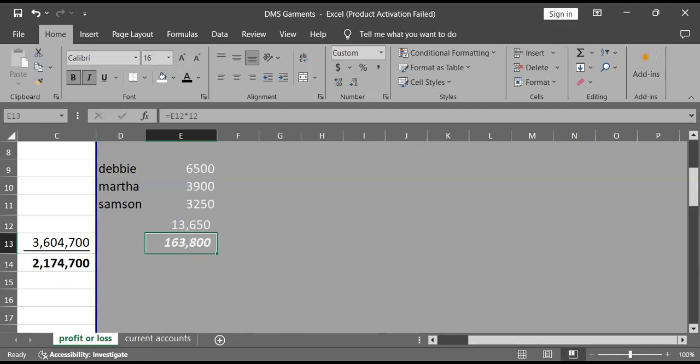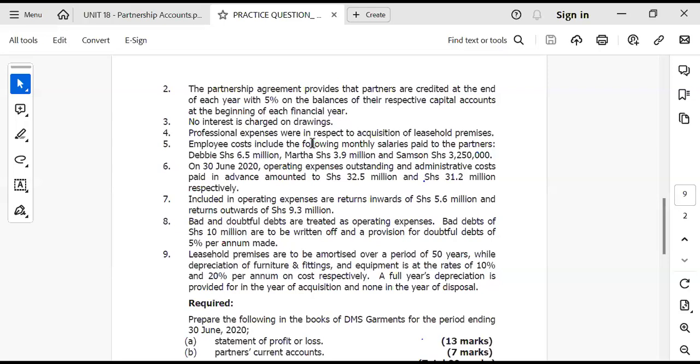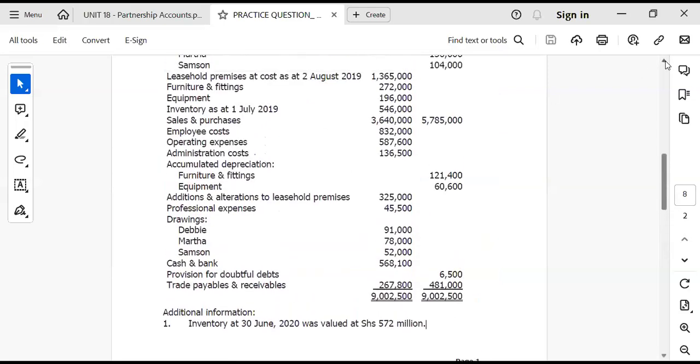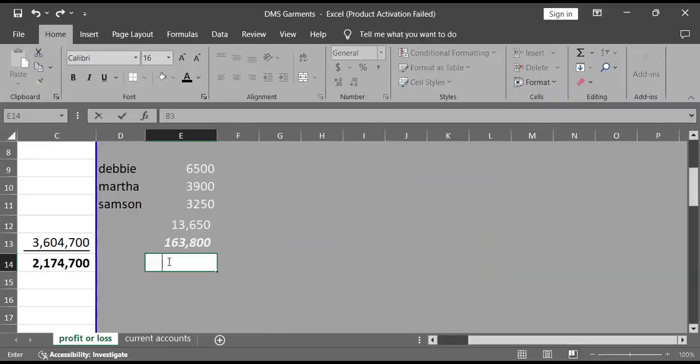So I'm going to come back to my notes and see how much my employee cost was. My employee cost was 832. So from 832, I have to remove the partners' money, 832,000.